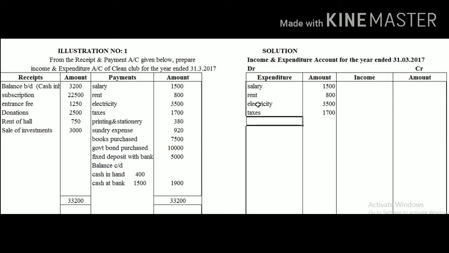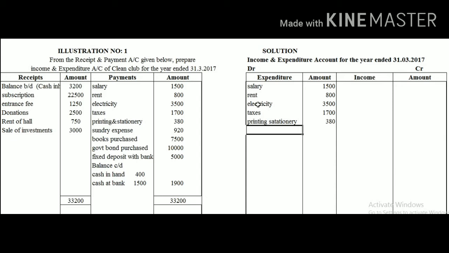And next one is printing and stationery. So printing and stationery is also revenue expenditure. What is the amount of printing and stationery? It is 380.